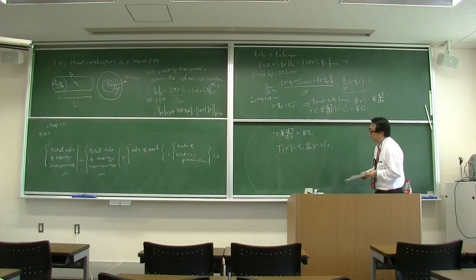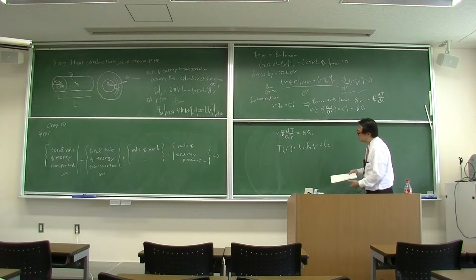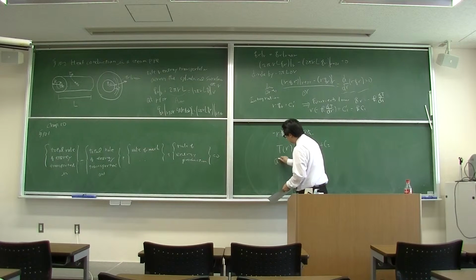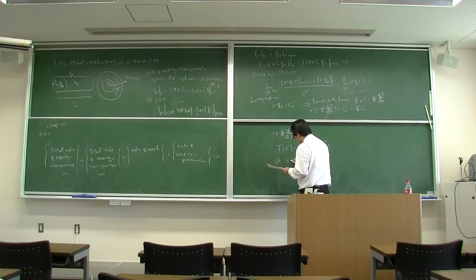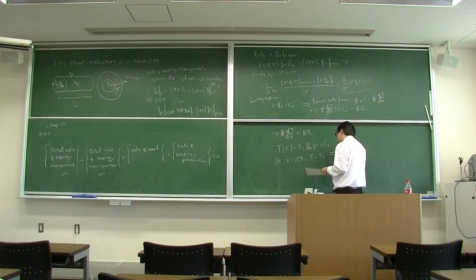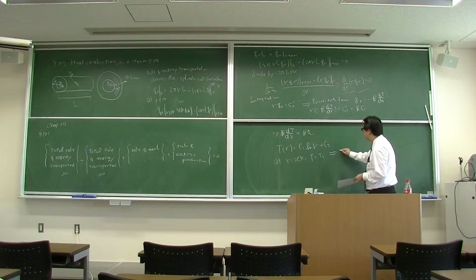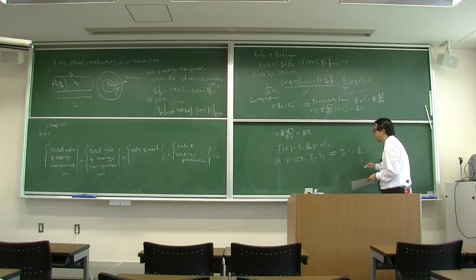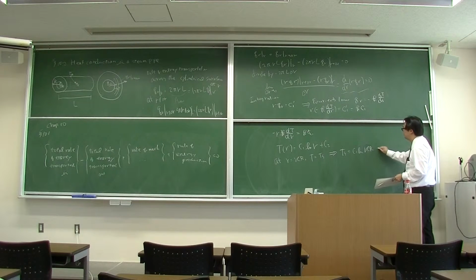So we can integrate this equation. We have two integration constants. So at r equals kappa R, the temperature is Ts. So Ts equals C1 ln kappa R plus C2.